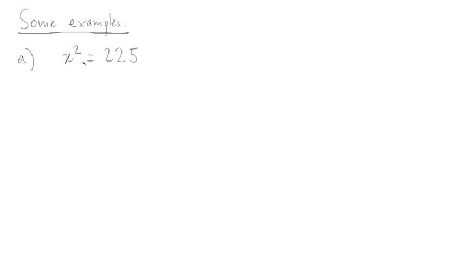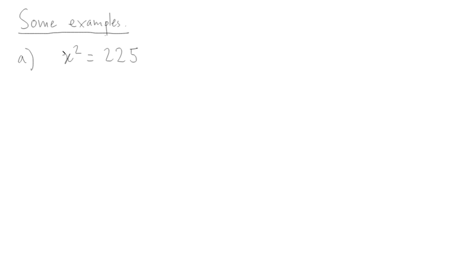Now this is a quadratic equation because it involves something to do with x squared. That's the meaning of a quadratic equation, and it's x squared equal to some number here. So we want to find the solution or the roots to this equation.